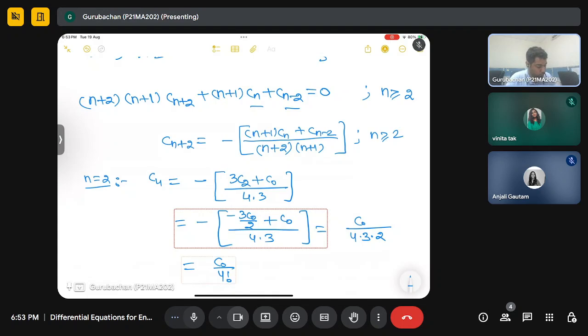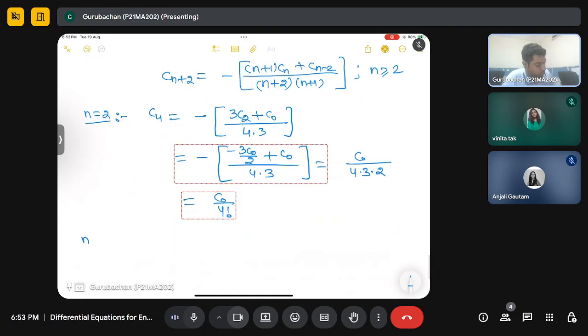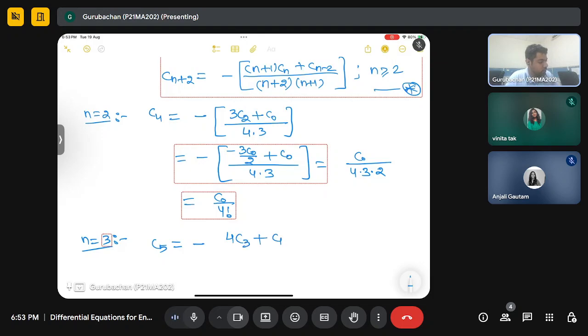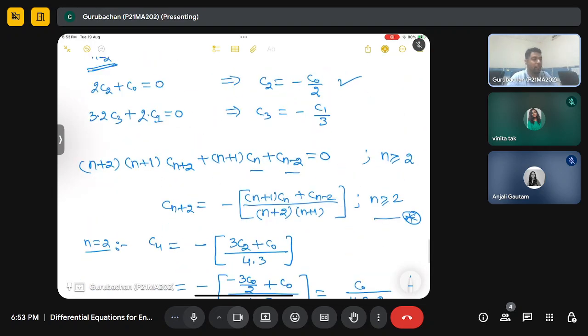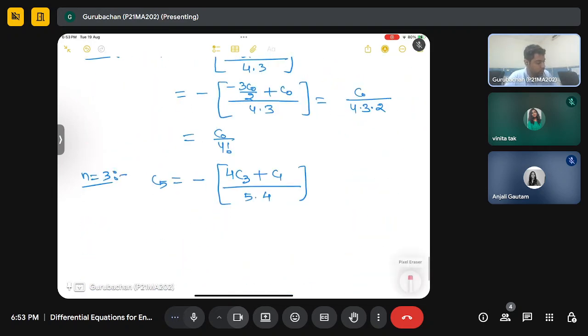This is our C4. While if you put n equal to 3 in this recurrence relation star, you will get C5 to be minus, so n equal to 3 we are putting, so it will be 4 times C3 plus C1 divided by 5 into 4. And C3 is minus C1 by 3.